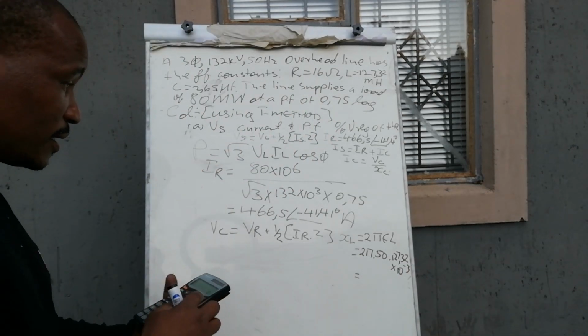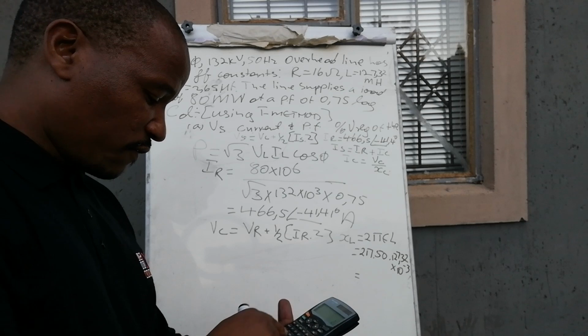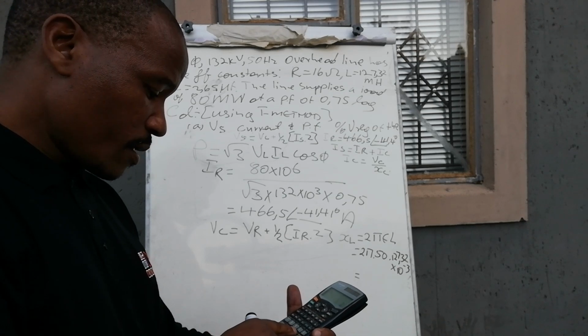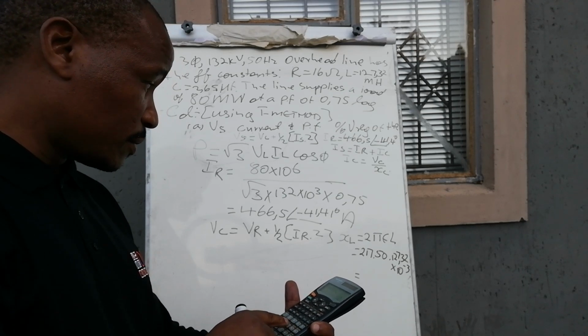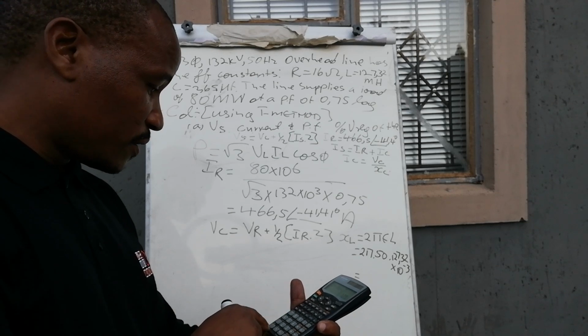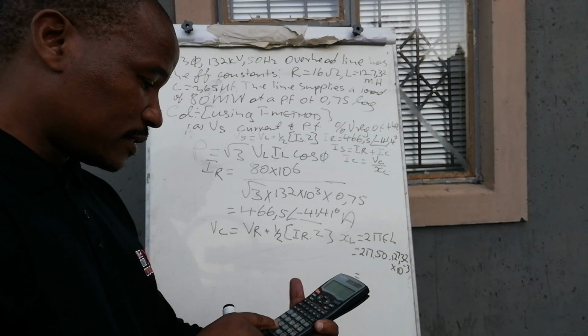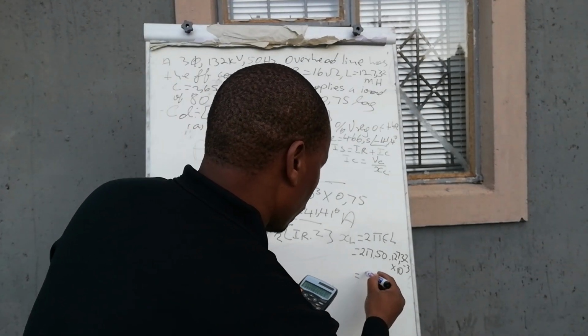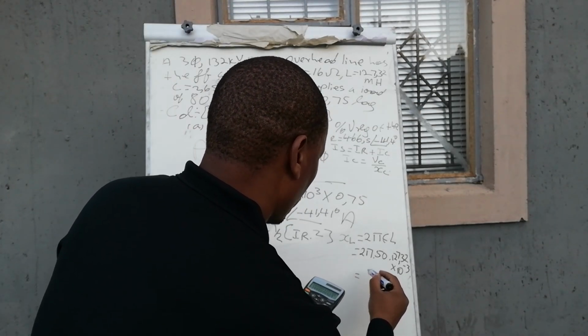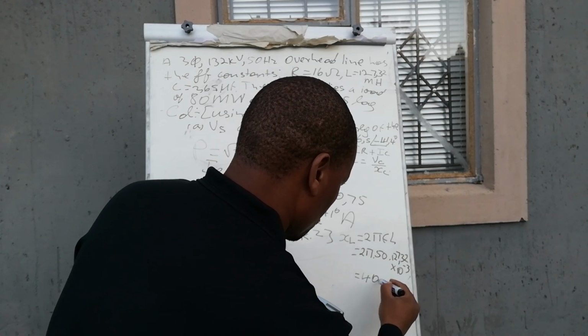And it equals what? It equals 2 pi multiplied by 50 multiplied by 127.32 exponent minus 3, which equals, let's say 40, or should I write it as 39.99? Let's write it as 40 ohms.